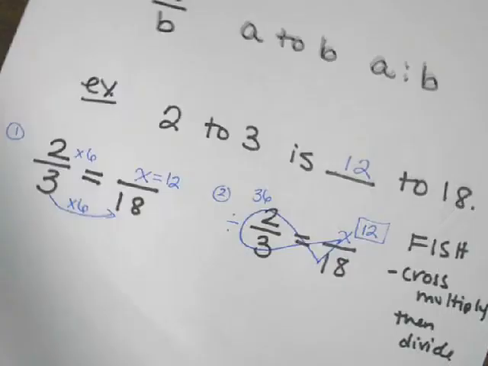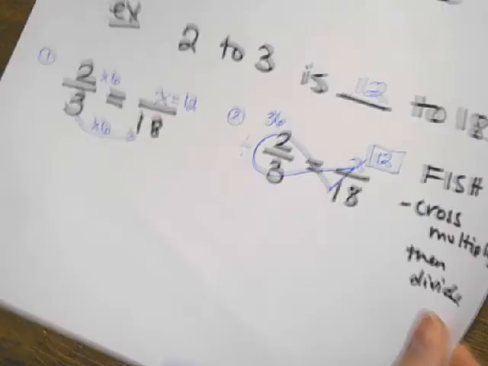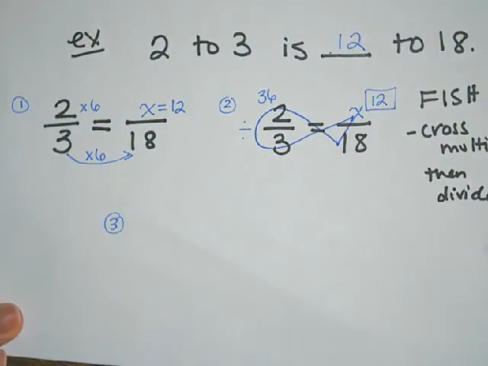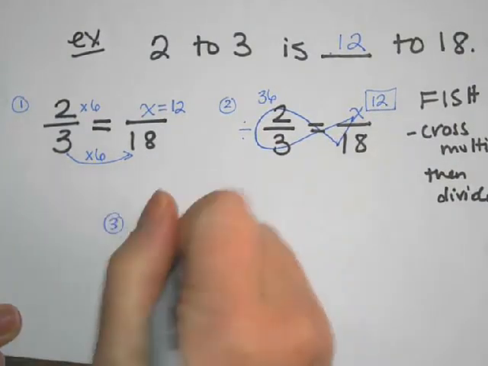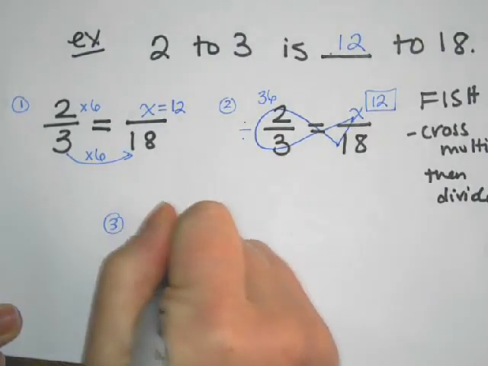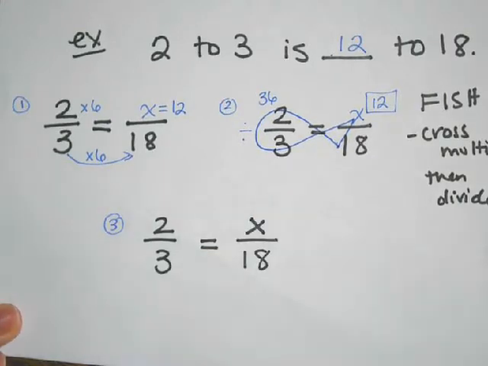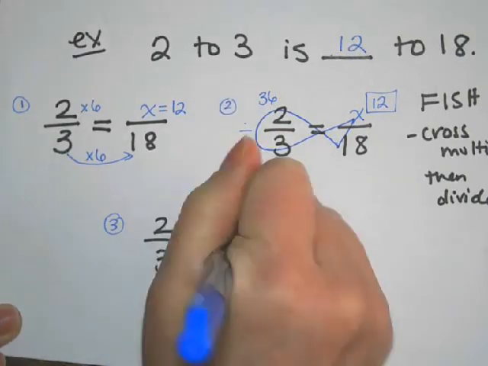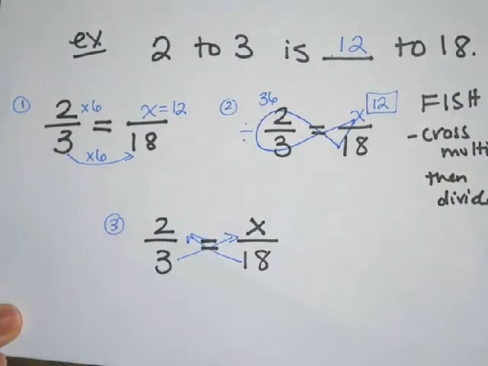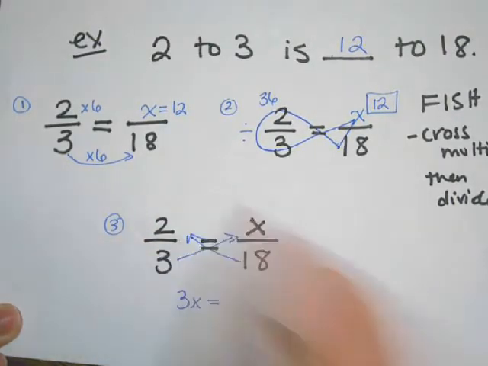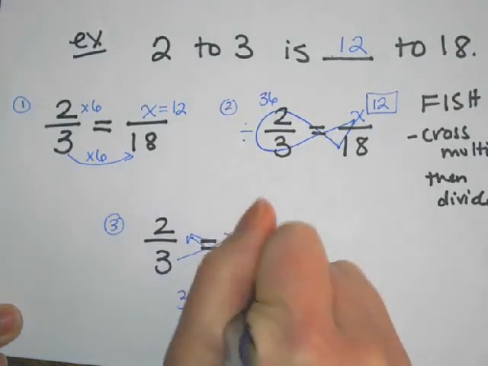The third method is using an algebraic equation. That means you're going to have an equation that involves a variable. We do that by using cross multiplication. If I have 2/3 is equal to x over 18, I'm going to cross multiply both of these and set it up as an equation. I take 3 times x, and 2 times 18. 3 times x is 3x, and I set that equal to 18 times 2, which is 36.